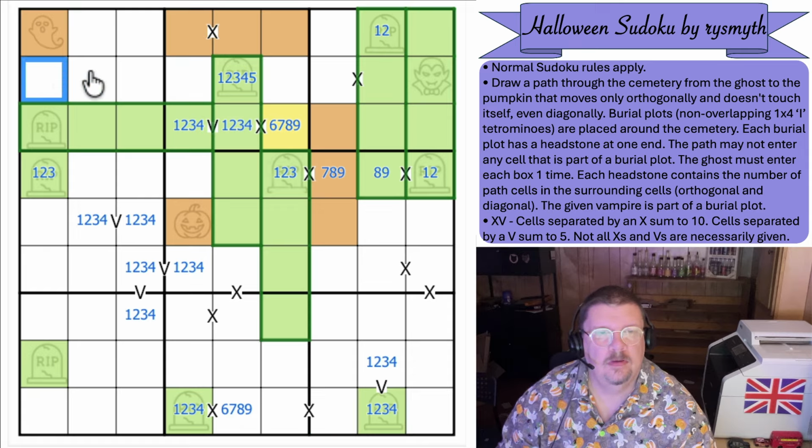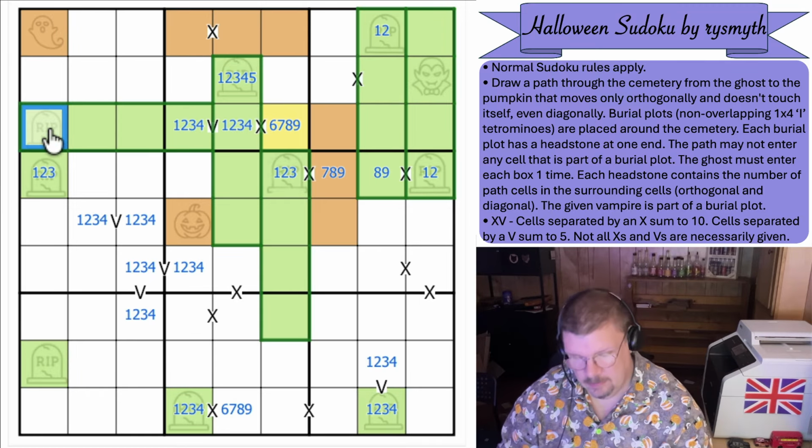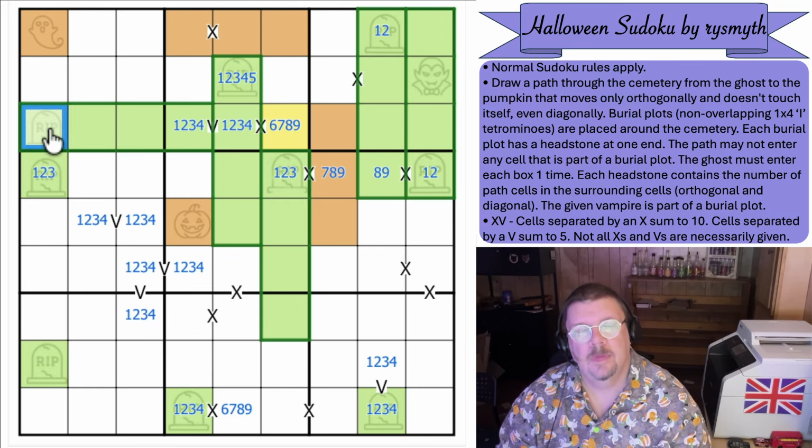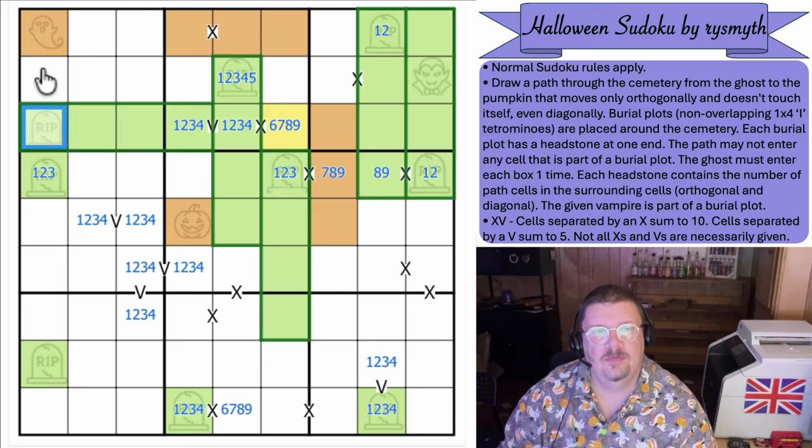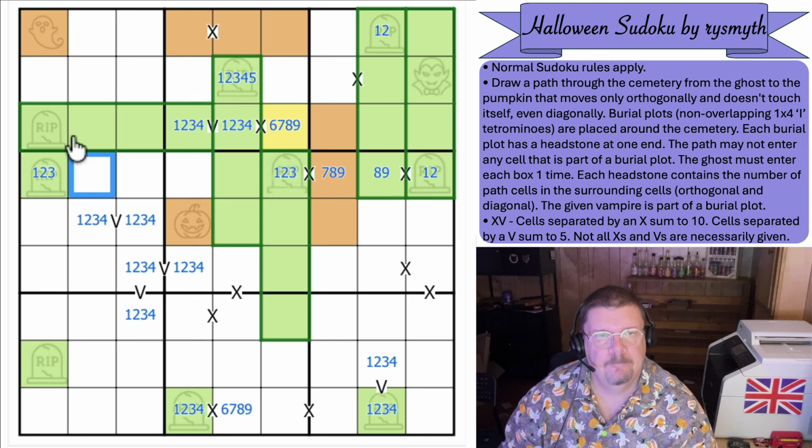Right, this is a maximum of 3. So what I said was slightly wrong. I do not have to have an orange path cell here because I could have one there, which would give that a 1. So I don't know that I've got an orange in there as it happens.